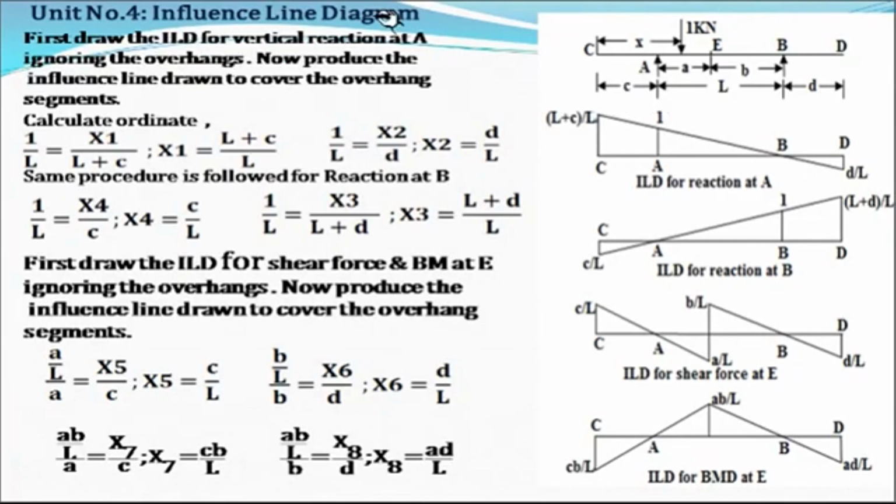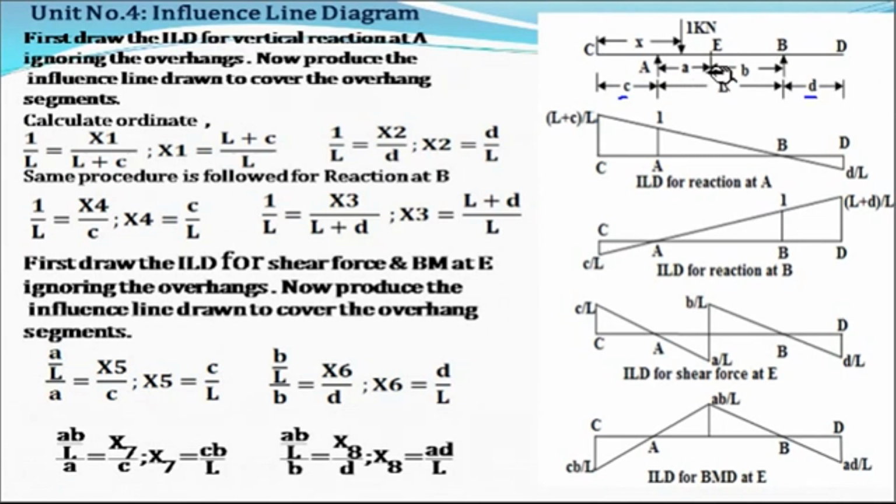Now we'll see the influence line diagram for a simply supported beam having an overhang. In this figure, at A and B the beam is simply supported, whereas on the left hand side of this simply supported beam an overhang is there, that is AC of length c, and on the right hand side another overhang is there, BD, which is of length d.